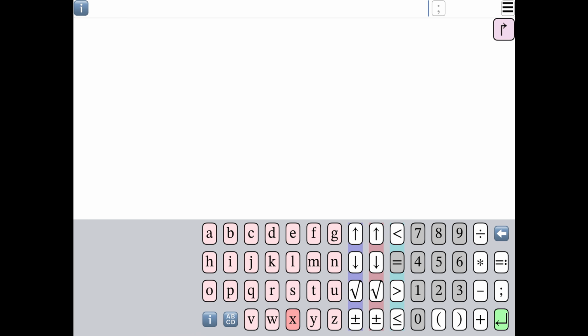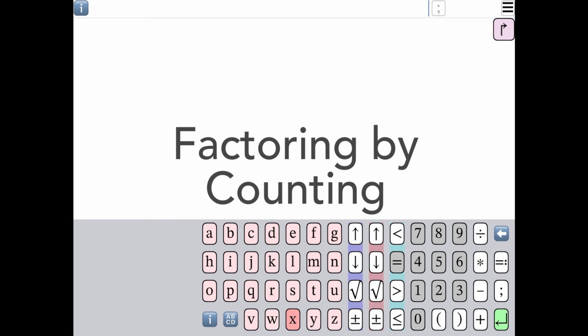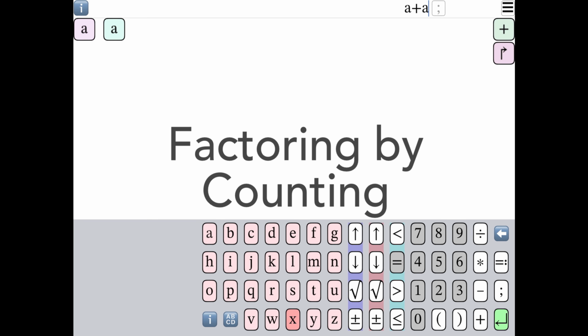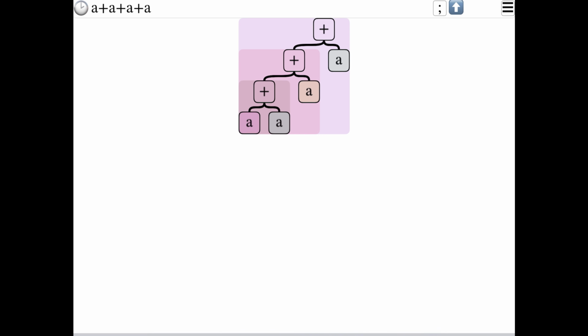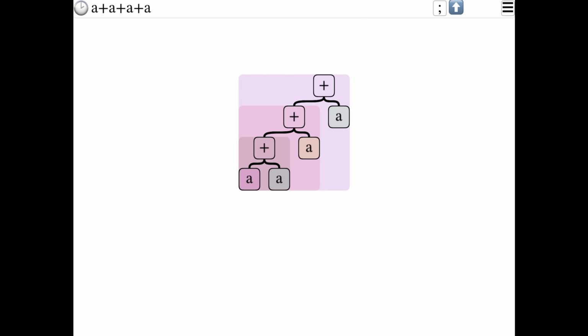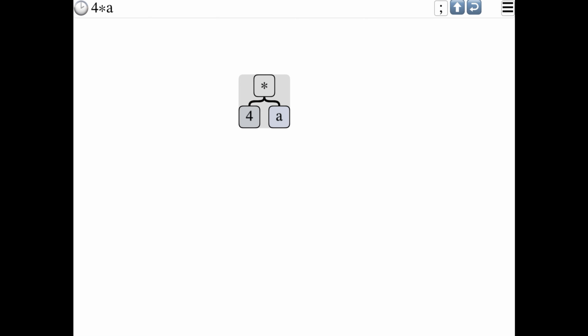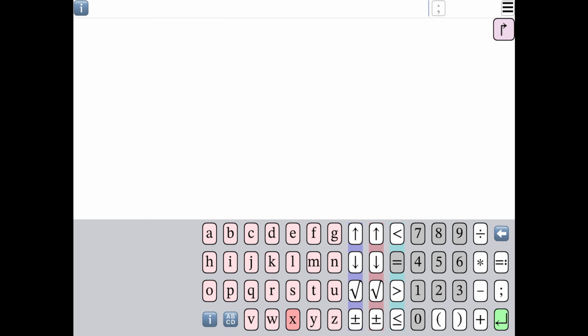Inside DragginMath, this is called factoring by counting, because that is what it's doing, counting factors. For this to work, all terms must be enough like each other for DragginMath to easily see they're equal.